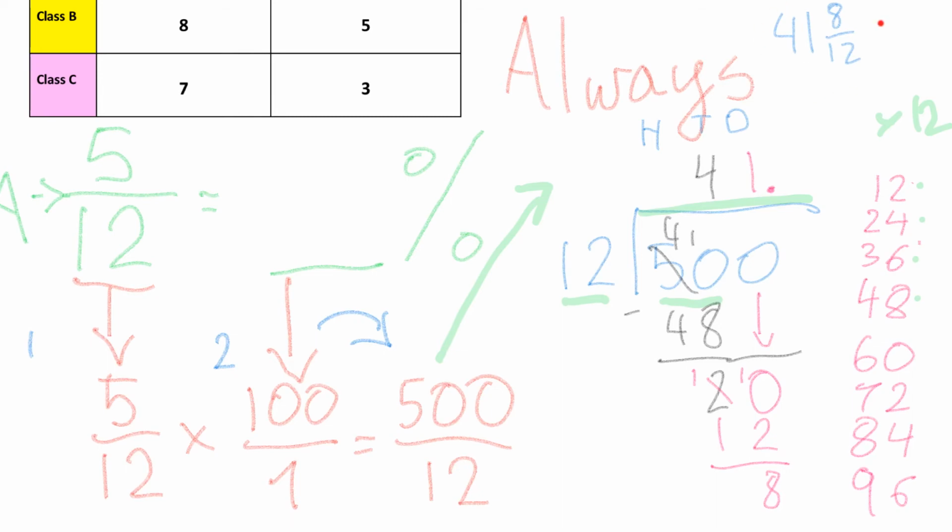I'm writing it down right here. And now I know that 8 twelfths can be simplified by dividing by 4 into 2/3, and 2/3 is equivalent to 0.66 recurring, so my actual answer would be 41.6.